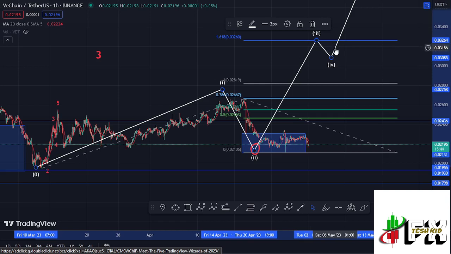And in case we continue seeing higher prices and a bullish momentum over here, there are high chances of fully maximizing that minimum target area.